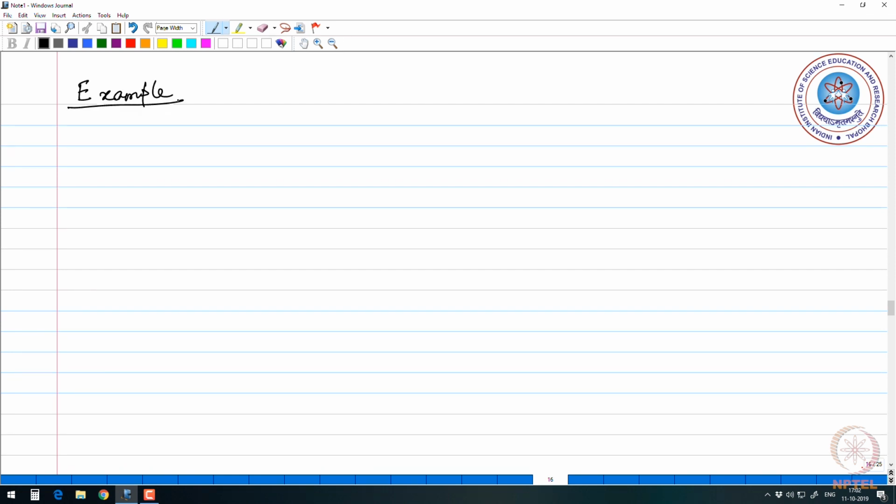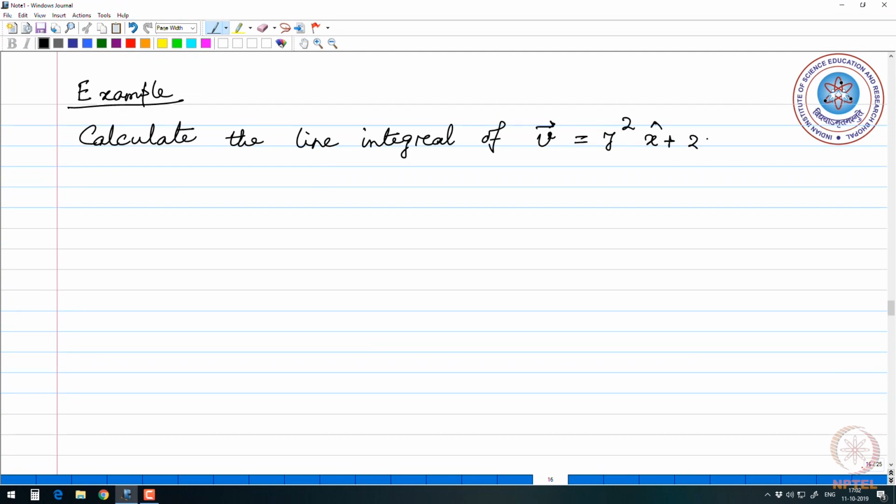So, the example says: calculate the line integral of the vector function v, that is expressed as y square x cap plus 2x y plus 1 y cap.